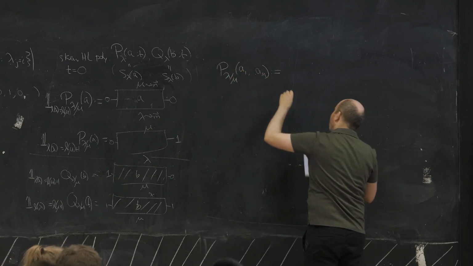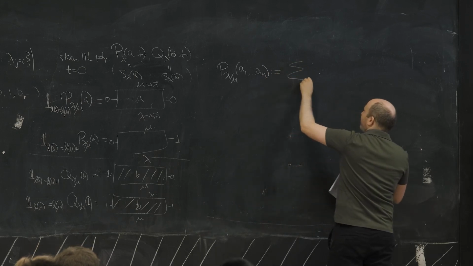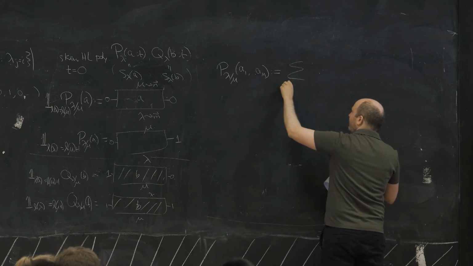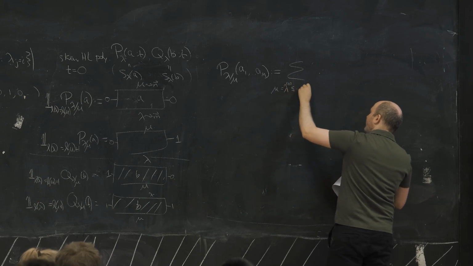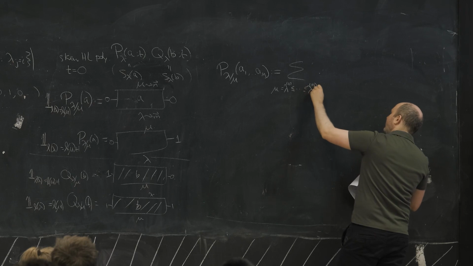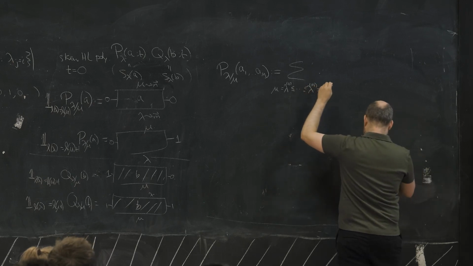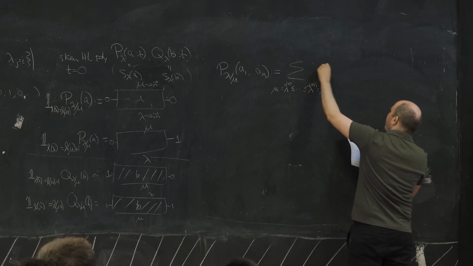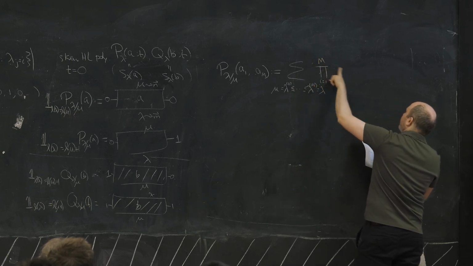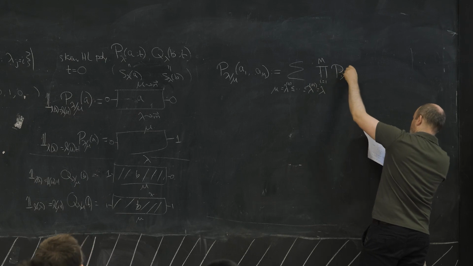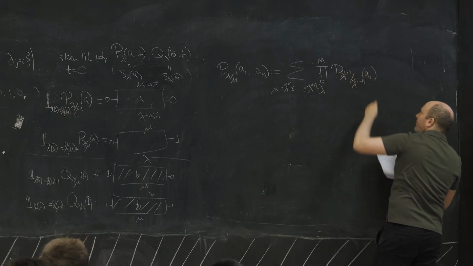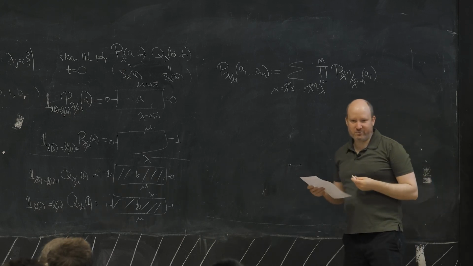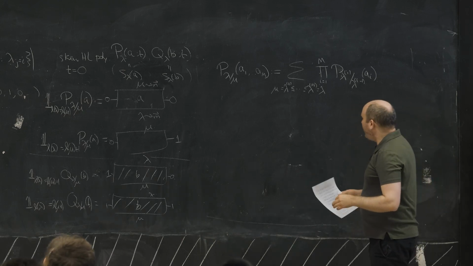This is defined as the sum over all, it's the same thing as before, all sequences of interlacing partitions that start with mu and end with lambda, of the product of the p lambda i over lambda i minus 1 in variable a_i. This is the exact same definition. I've just put p instead of s.